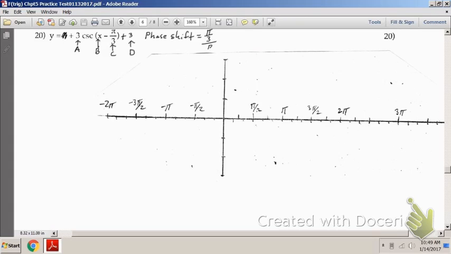My phase shift is -3 divided by b, which in this case is just 1. It's a rightward shift, so I add, which is a little bit easier than subtracting. Again, I have to know my t-table.